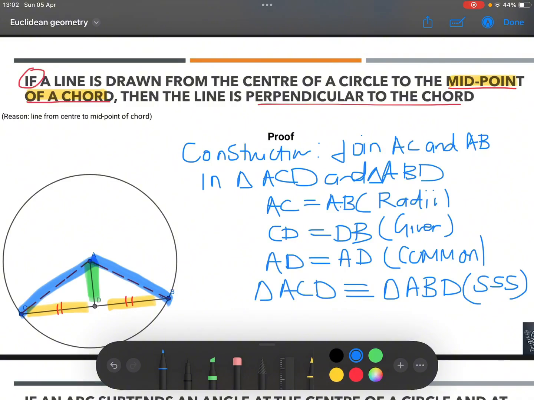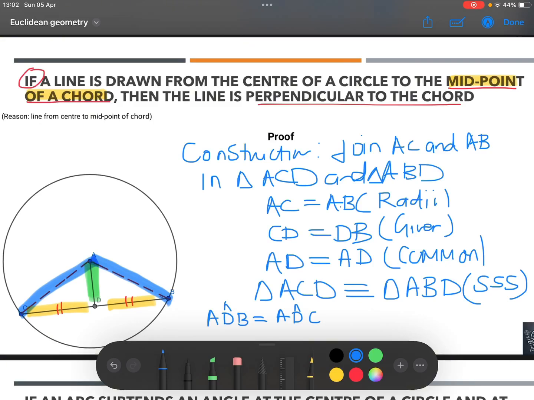You have proven that those sides are equal. Then in that case, we can say angle ADB is equal to angle ADC, right? Those two are equal because you have proven that the two triangles are congruent.